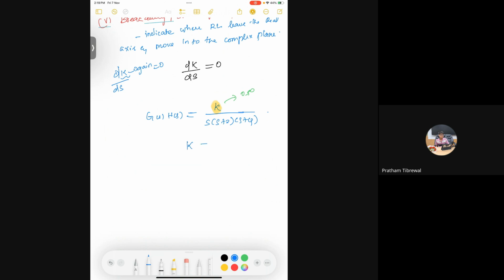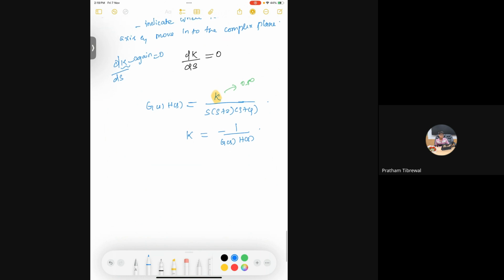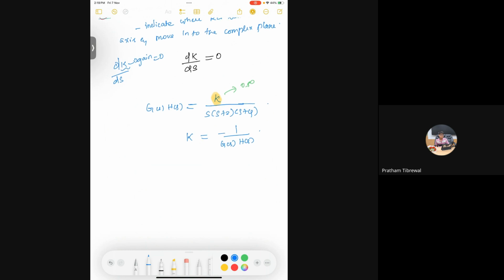From this, I can rewrite K equal to minus 1 by G of s into H of s, so K would be equal to minus s into s plus 2 into s plus 4.